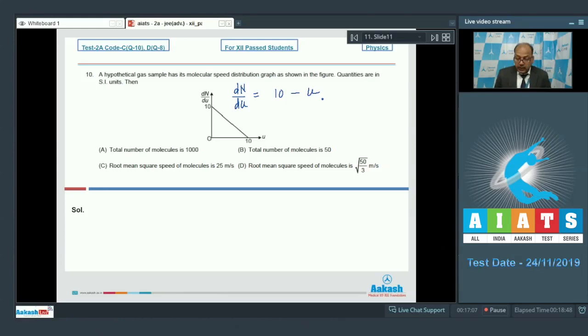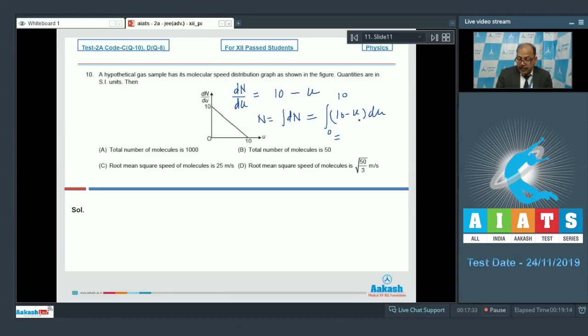And the total number of molecules, which we have to find to evaluate options A and B, is simply integral of dN, right? Now from this we have dN is equal to (10 minus u) du. That means integral of (10 minus u) du. We can see that u is going from 0 to 10.